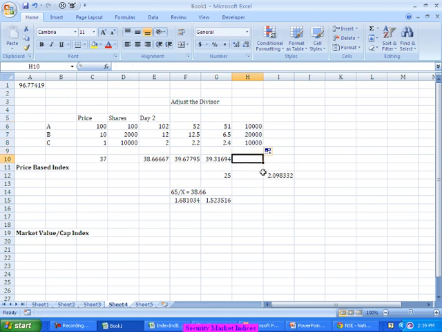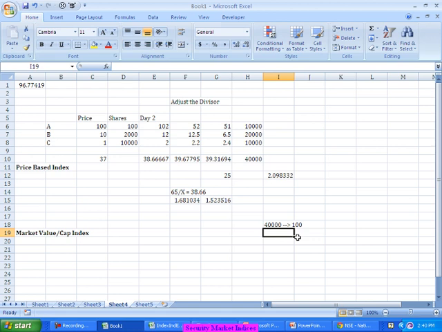Whatever the sum is on the day of starting, let's say today we are starting to create the index, the sum is 40,000. So they will equate this 40,000 to some base number like 100, instead of taking the sum as a big number. Generally, indexes start at 100.